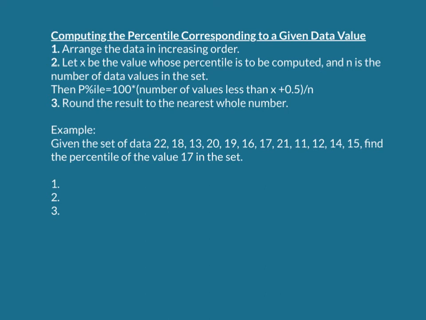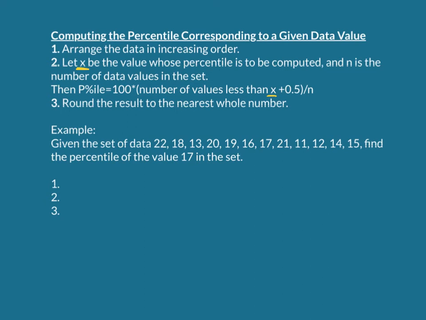Then the percentile of that number is equal to 100 times the number of values less than the one that we're considering, x, plus 0.5, and then divide that by n. All we then have to do is round the result to the nearest whole number.